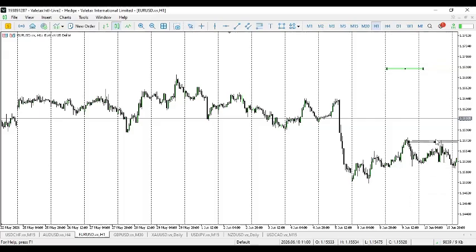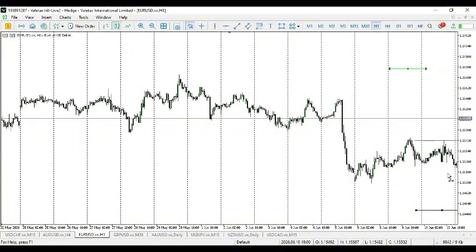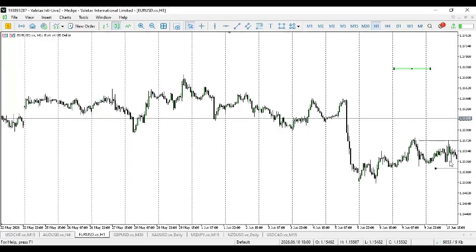So this high there for that day, what was the lowest price traded that day? I think this is the lowest price for that day, right there. So we're looking at the following day. The market does its thing, so we have marked that.